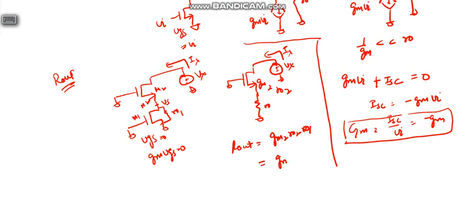Or if Gm1 equals Gm2 equals Gm, and Ro1 equals Ro2, then Rout is Gm Ro squared.